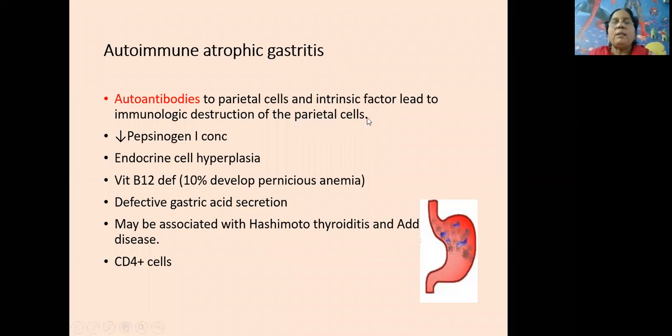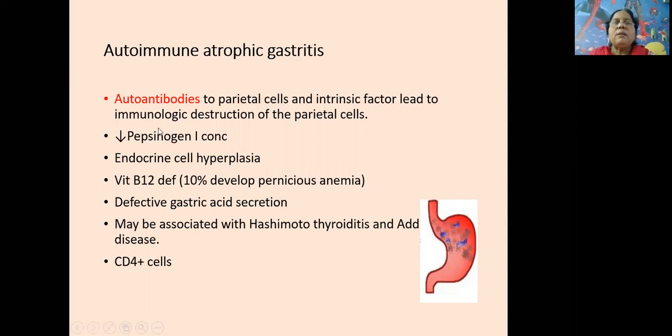There are so many things. They lead to immunologic destruction of the parietal cells. So against the parietal cells or against the intrinsic factor, antibodies are produced that cause destruction of the parietal cells.